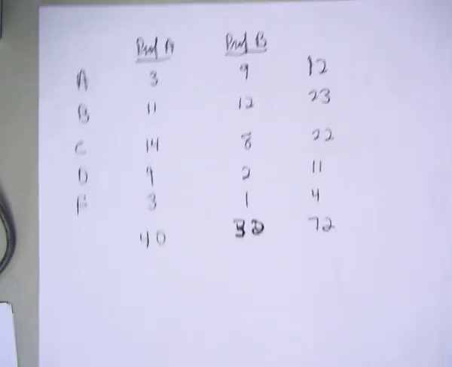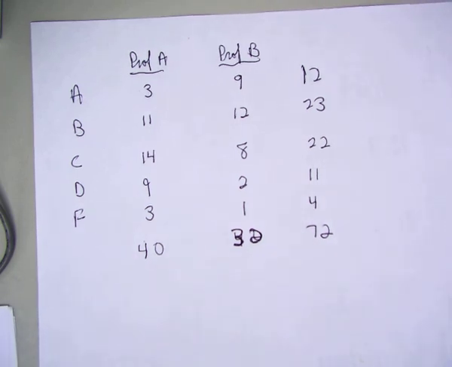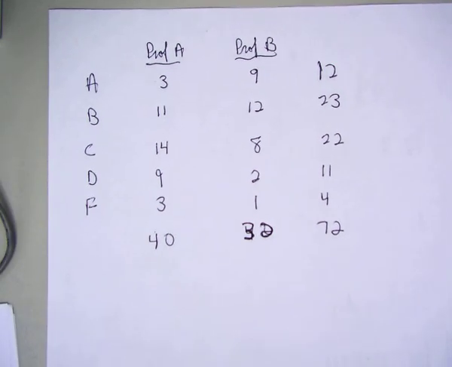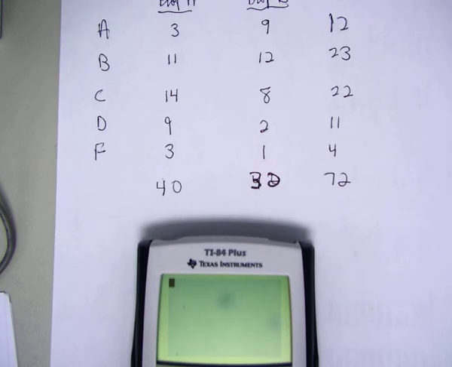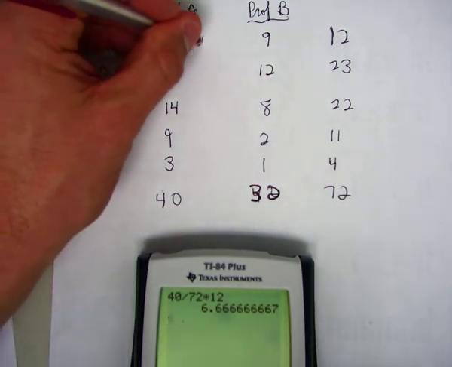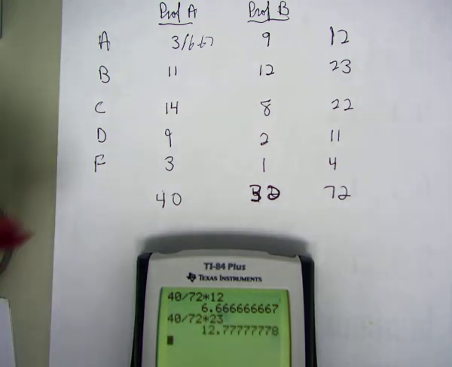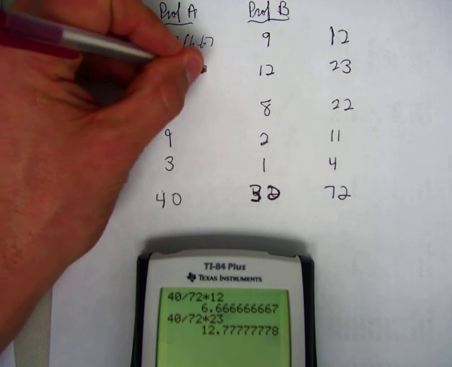So for Professor A, we're going to do: Professor A gives 40 grades, so there's 40 students he has out of 72 total students, and then there were 12 total A's. So we're going to do 40 out of 72 times 12. So his expected was 6.67. And then 40 out of 72 times 23 B's, and that's 12.78.